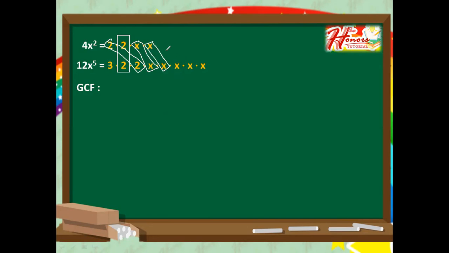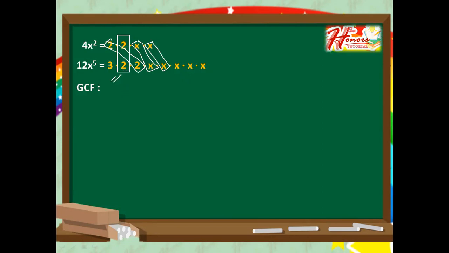We don't have any more x for 4x squared, so therefore it has no pair, the three of them. And for 3, it doesn't have any pair with 4x squared, so therefore we will not include it. So you see here that we have 1, 2, 3, 4 boxes having numbers and letters. So per box, you can see here that we have one pair.